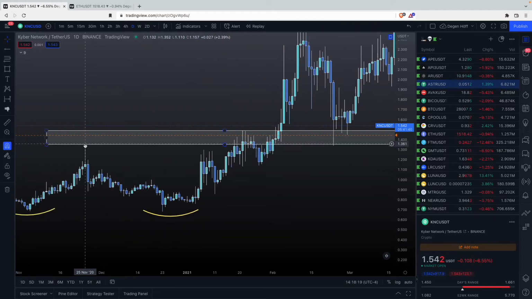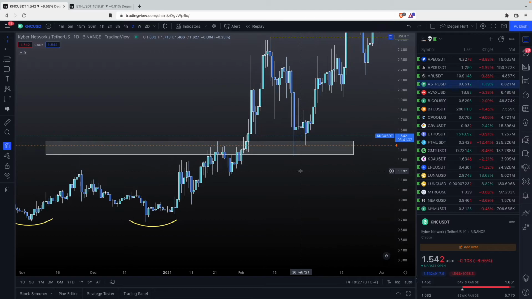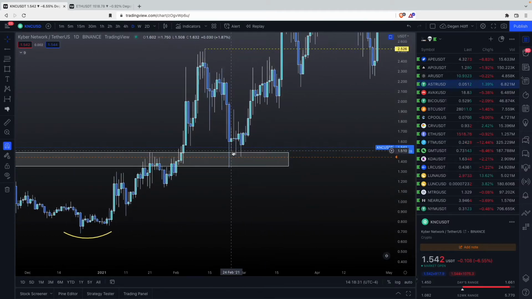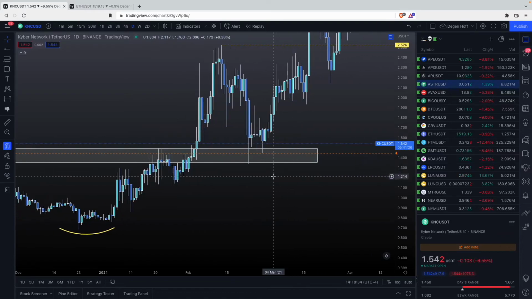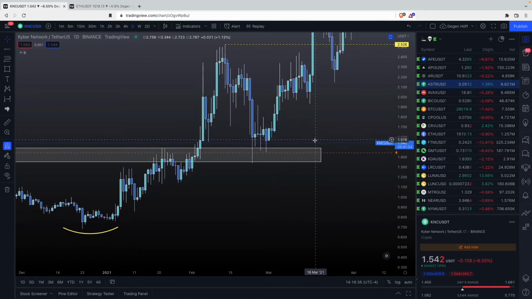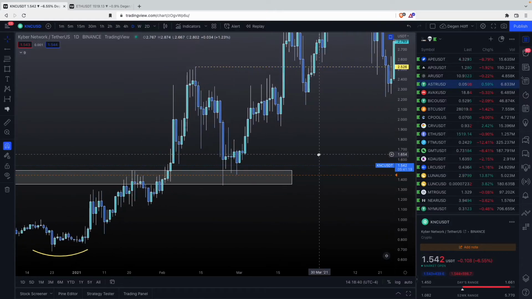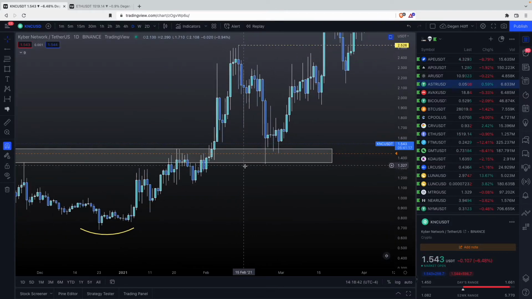We hit the lower bound, the upper bound, consolidated under structure and broke out, back tested it here, and now we're trying to hold it again and flip this into support. So what you want to see is that stabilization. If I get this many wicks in this area, it's showing that there's a lot of volume, a lot of people are seeing value in this zone.